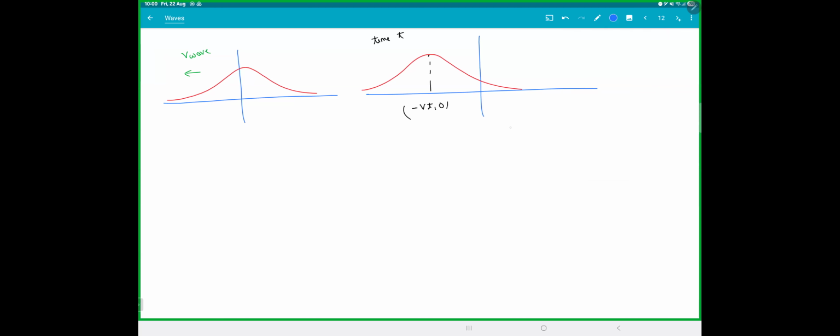That means your wave equation here becomes y is equal to f of x plus vt. So this is your left traveling wave. So the plus and minus in the middle will tell you which way the wave is traveling. If I combine these two, we can generalize the equation. y is equal to f of x plus or minus vt. This is the mathematical form of a wave.